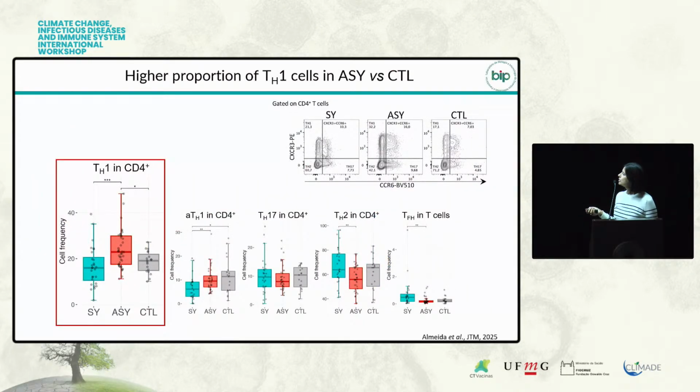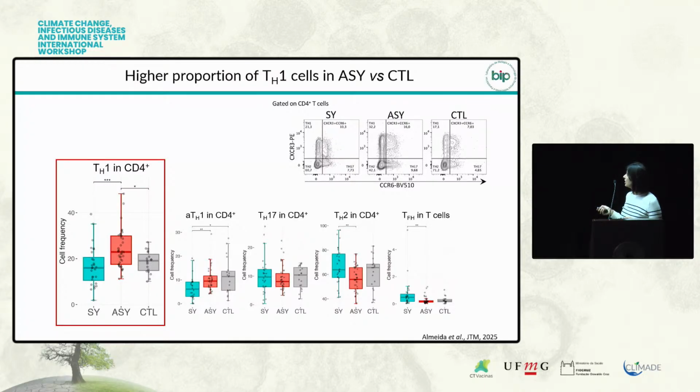And when we looked at the T helper compartments, the TH cells, based on the expression of chemokine receptors, we saw that asymptomatic had expanded TH1 cells compared with symptomatic and also with controls.